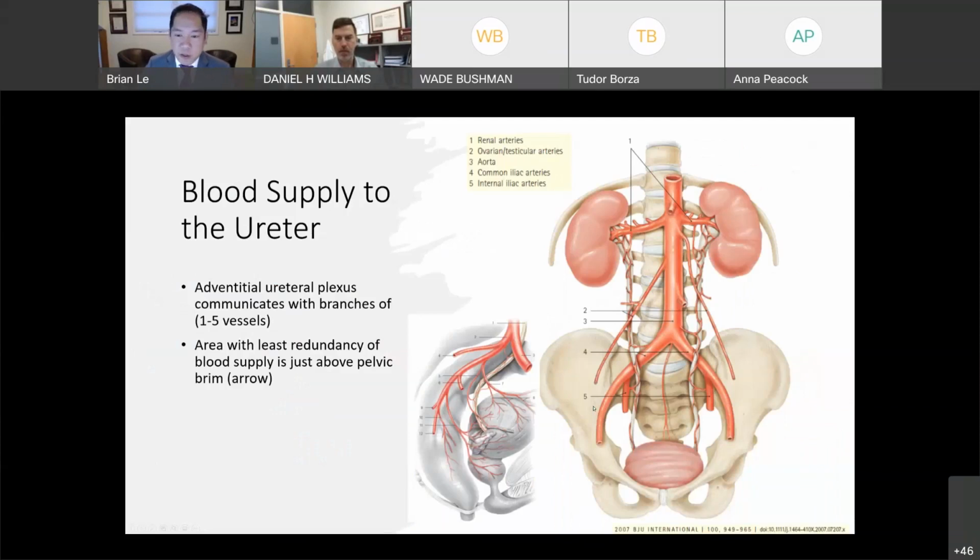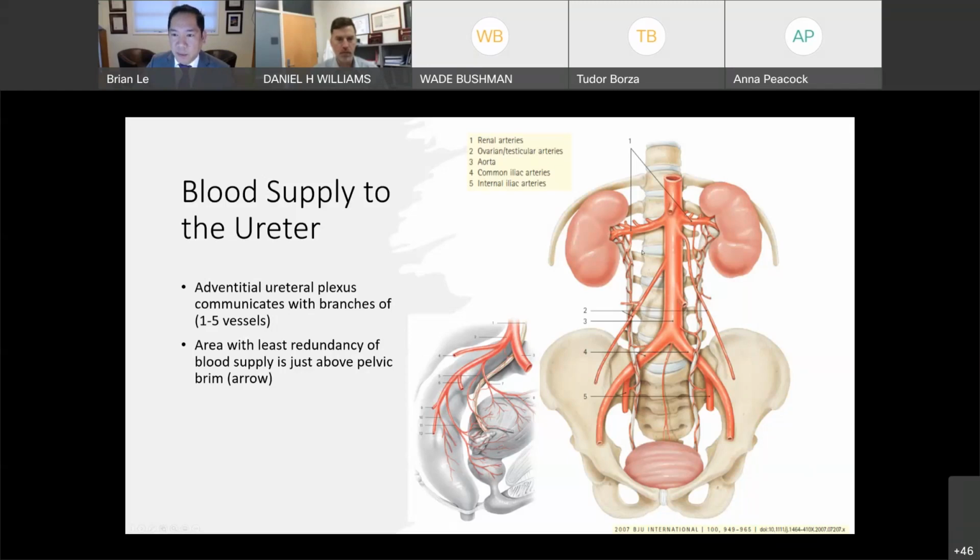Blood supply to the ureter. You can see here in the pictures to the right that as the ureter courses down, there are these branches of the vessels. So basically, referring to your knowledge of anatomy, you think of what is the closest arterial blood supply, and that, at least in theory, provides the majority of the blood supply to that section of the ureter.